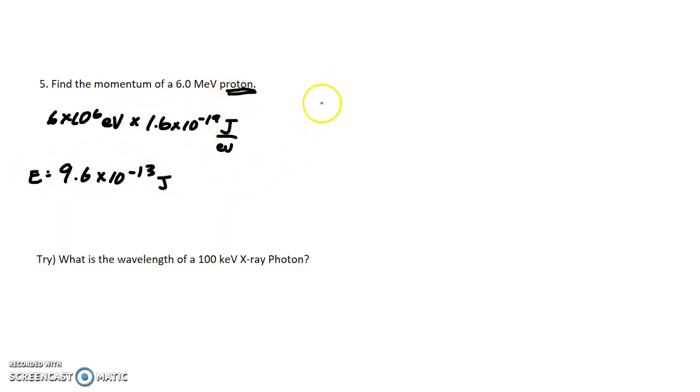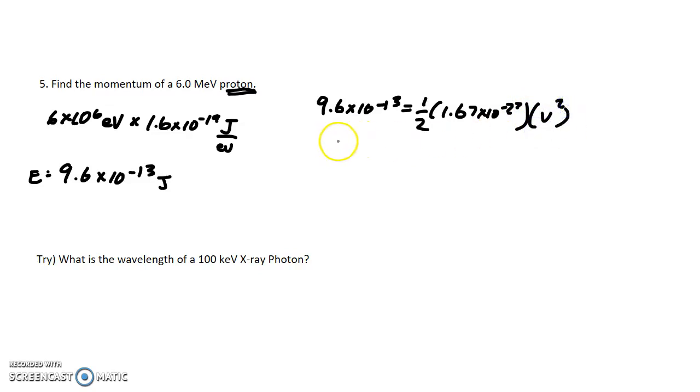And so we're now going to find the velocity of this proton, because all this energy is equal to is 1/2 mv squared, or 1/2 times 1.67 times 10 to the negative 27. That's the mass of the proton. We're looking for v squared.